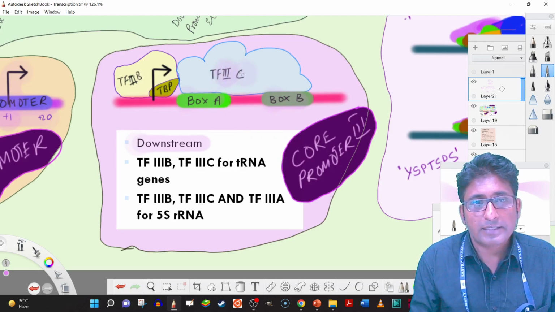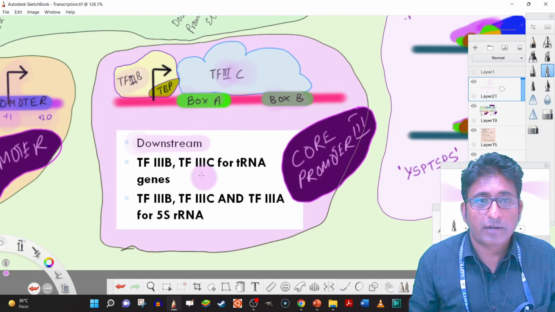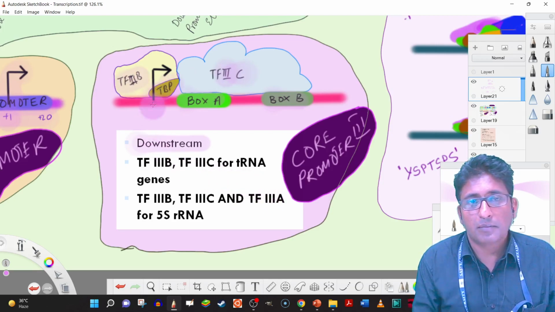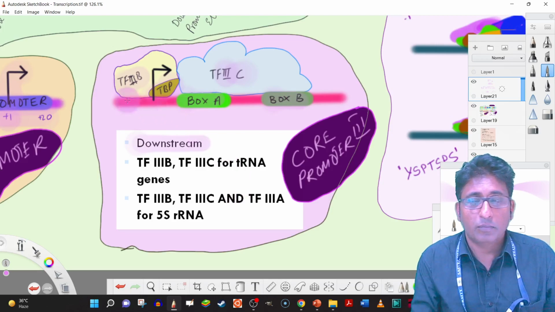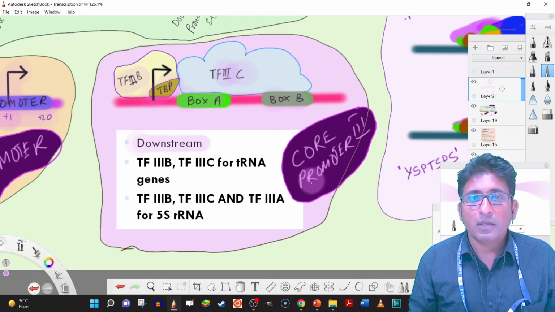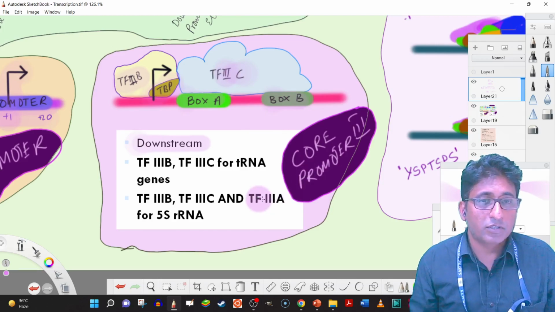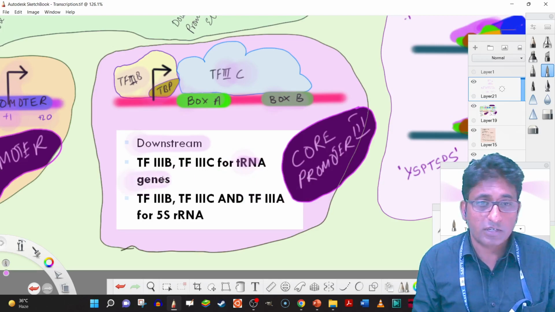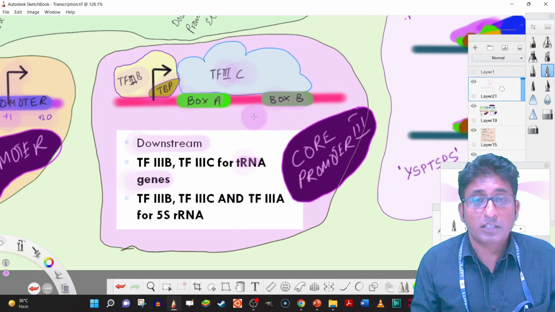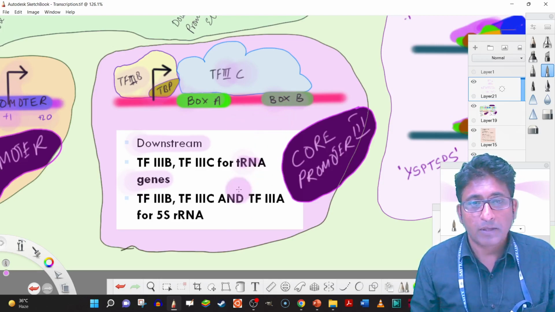Transcription factor 3C, and here we have transcription factor 3B, along with the TATA box binding protein. As a complex, it would bind and transcribe the majority of tRNA genes. So tRNA genes have many of these promoters with box A and box B.